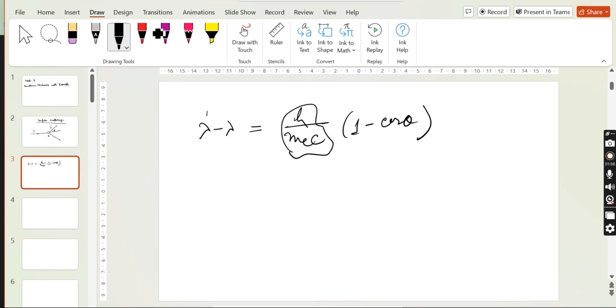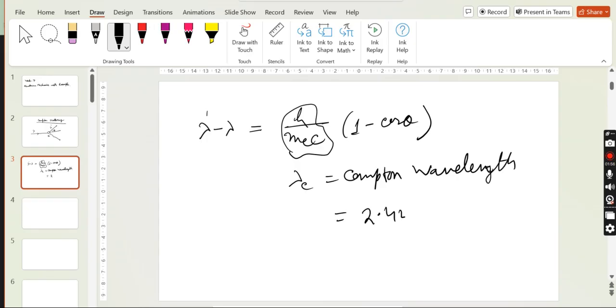This is called the Compton wavelength. It has a value of 2.426310 into 10 to the power minus 12 meter. For simplicity, we will take 2.43 picometer.